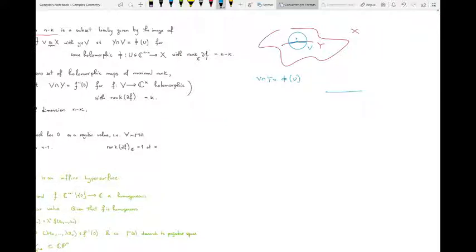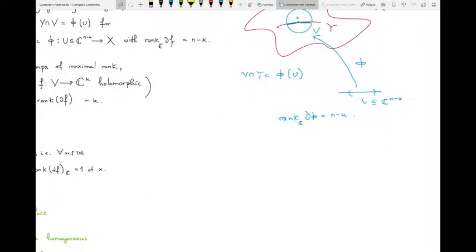So this is U inside C^(n-k), and you get that, so that is the map φ, and the rank of dφ over C is n minus k. So here I should have written dφ.